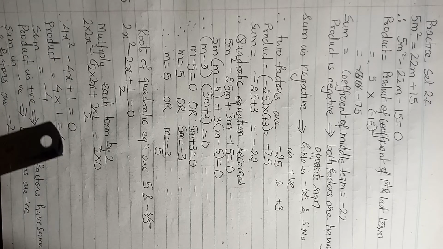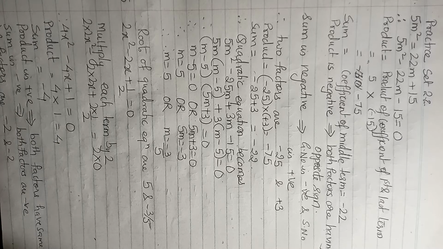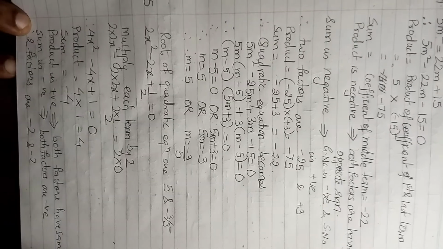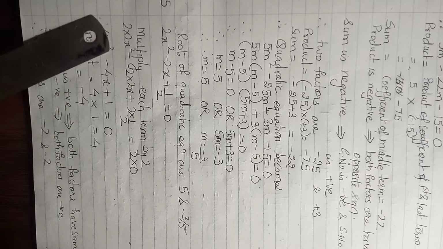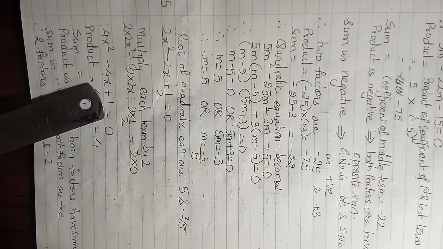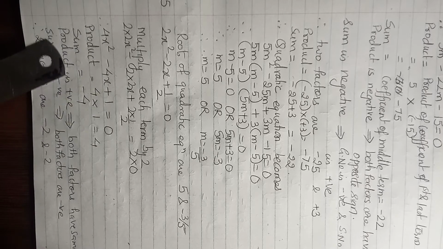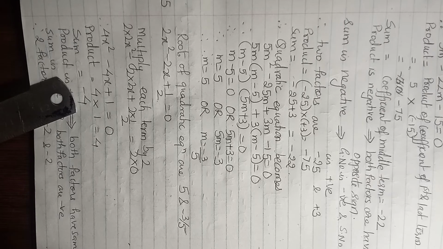Now again, we have to follow your usual process, product and sum. Here the product is 4 into 1, the coefficient of the first term into the coefficient of the last term. Sum is the coefficient of the middle term, which is minus 4.